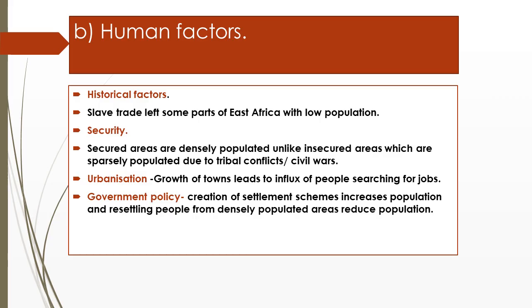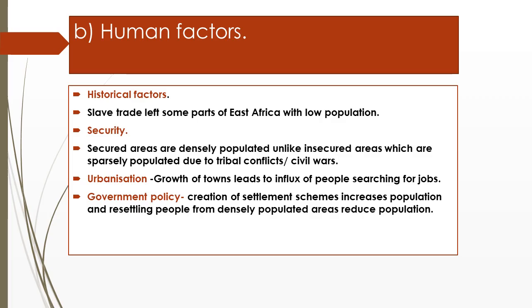Another human factor is urbanization, and one of them is in case that we have a town that has grown, people tend to migrate towards that town in search of jobs. And when they migrate into such a town, it causes an increase in population in such an area.